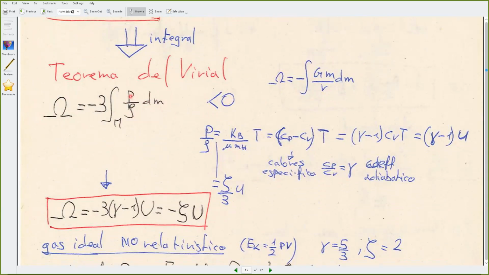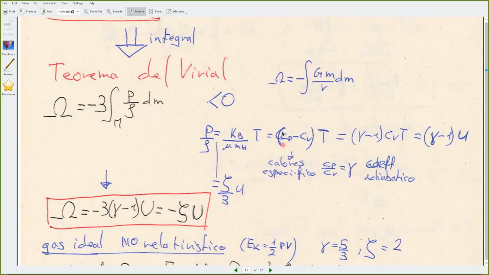Obviously, this is a positive constant, in the minus, in the negative. They have to be, because usually the gravitational potential is defined as negative, especially in this case, where you have the potential zero at infinity and minus infinite in the center.